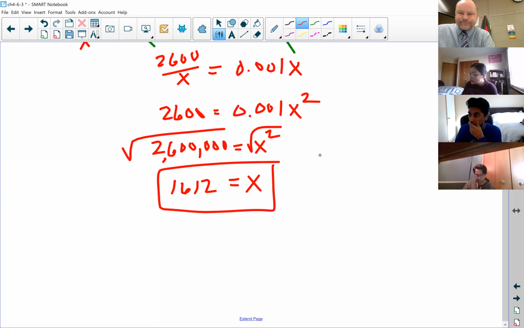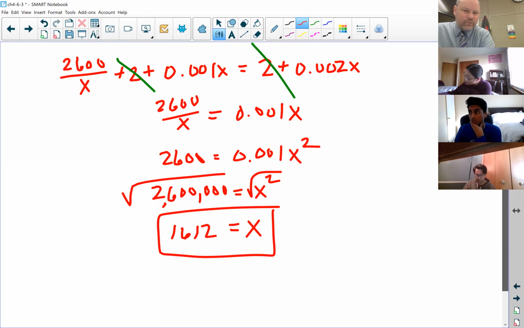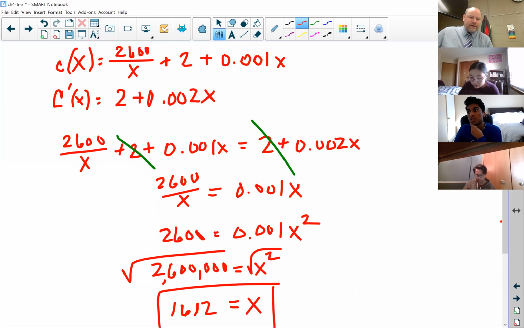Okay. Now, if you look at what we did, and I want to focus on this line right here. Because we said that we're minimizing the average cost.